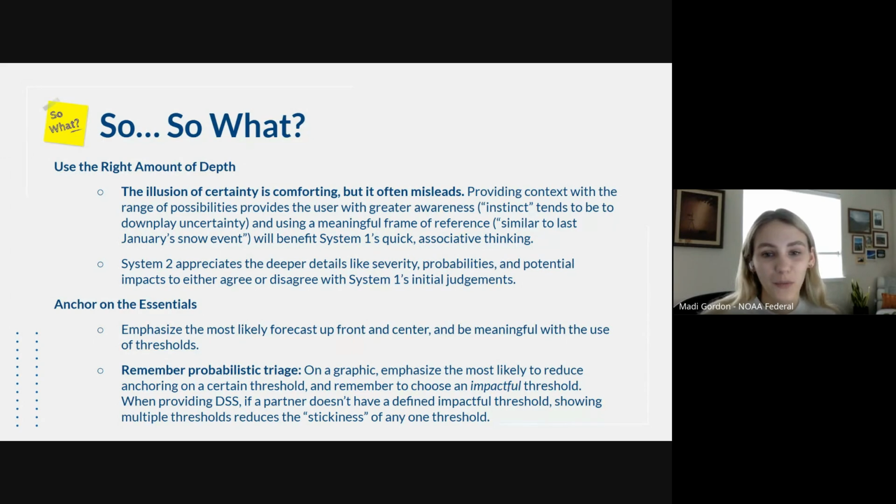But when we do need to dive deeper into something more complex, some probabilistic information that we want to ensure they're taking the time to look at properly, that's when you want to leverage System 2 and try to engage it a little bit more, going into the deeper details that you can, and using frames of reference, things like that.